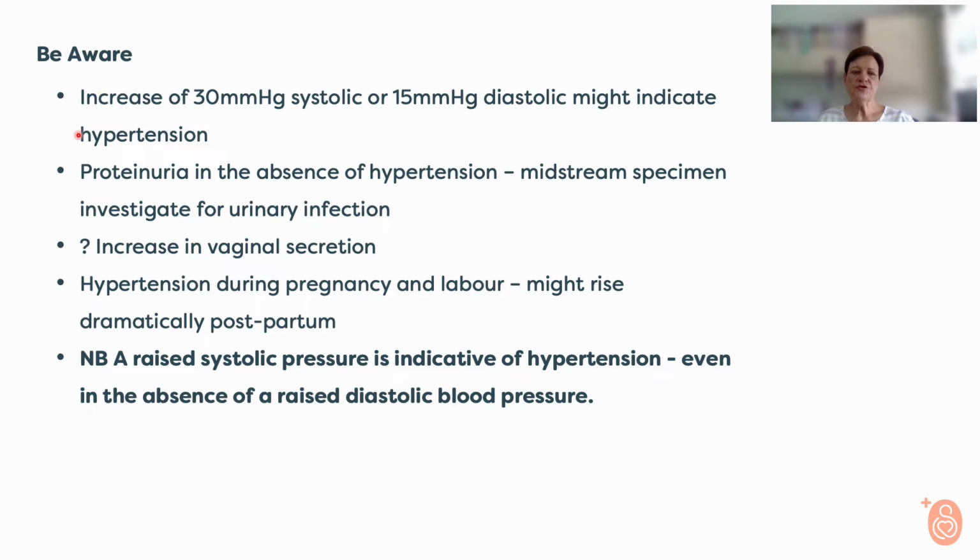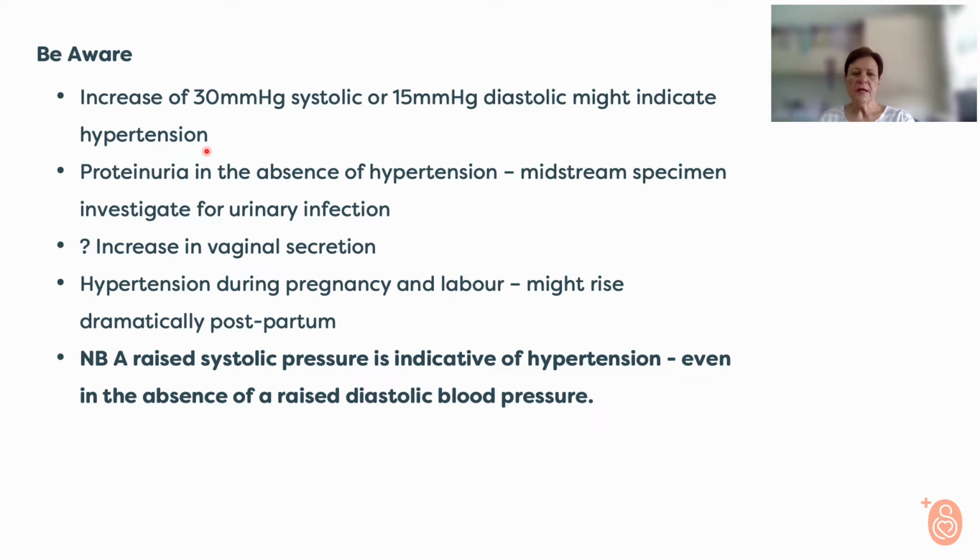Now, we don't use that as an indication of hypertension anymore. As we've said, our definition of hypertension is a blood pressure of 140/90. But we should always be aware of this rise in blood pressure. This patient becomes a little bit of a high-risk patient and we should monitor her very carefully for hypertension.